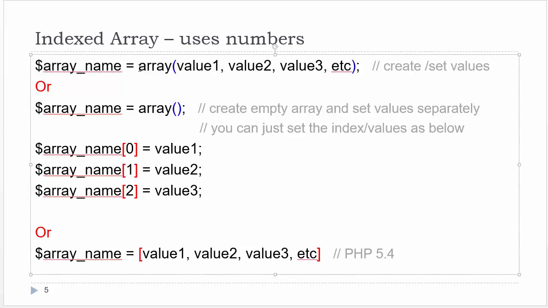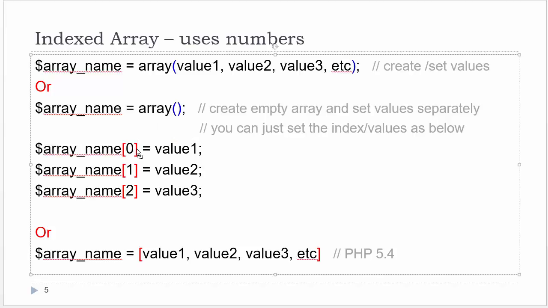So here we have this array object, and we would indicate the values, value 1, value 2, value 3, etc. You also can set up the array as an empty array, or you can just populate it this way. By storing the values inside the array elements individually, you would indicate the position by using the brackets.